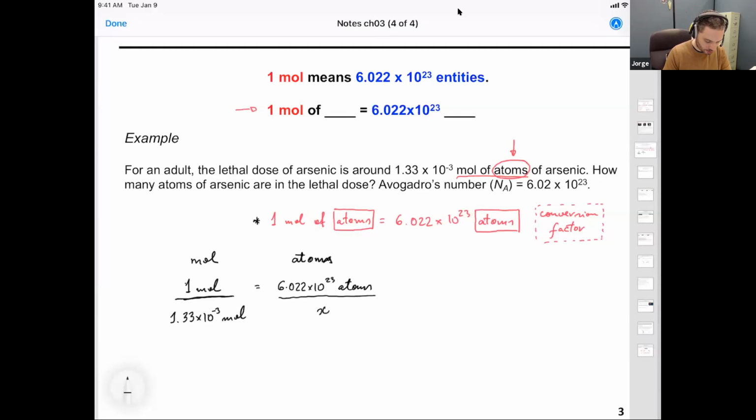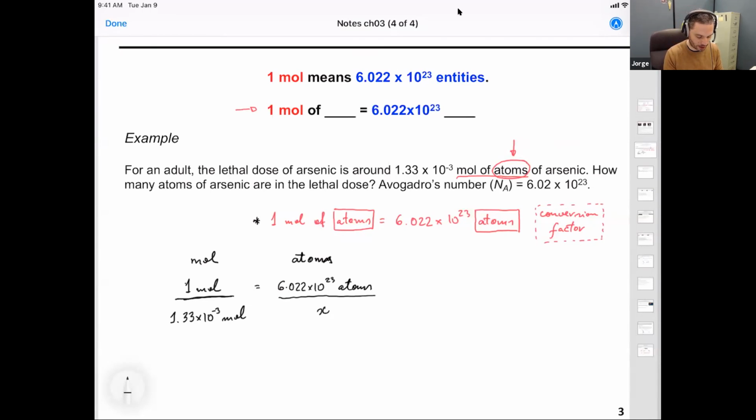So the first column, you put everything that is in mole. The second column, everything that represents the number of atoms. From the conversion factor, 1 mole of atoms equals 6.022 times 10 to the 23rd atoms.